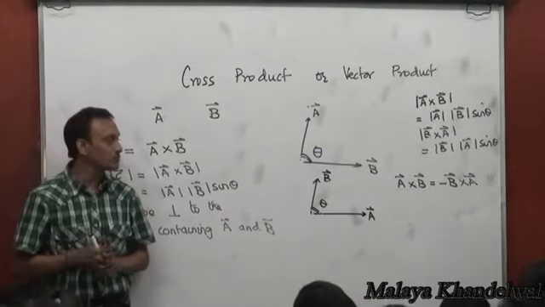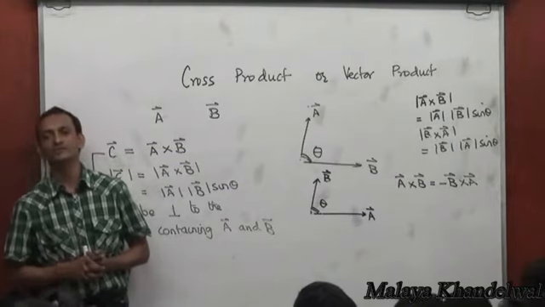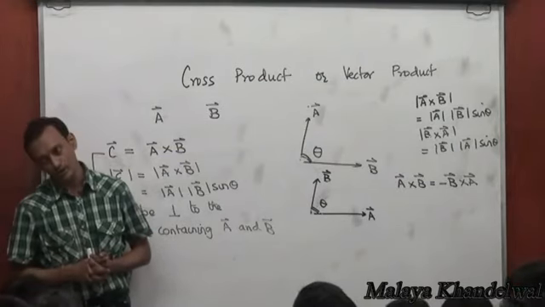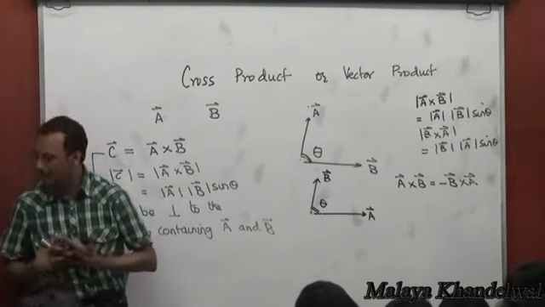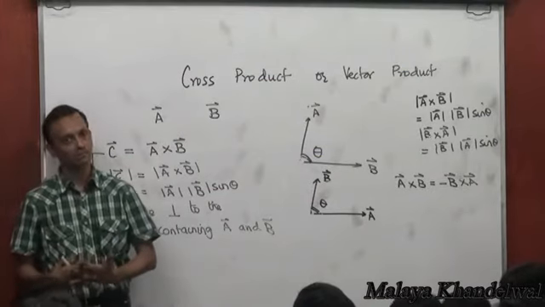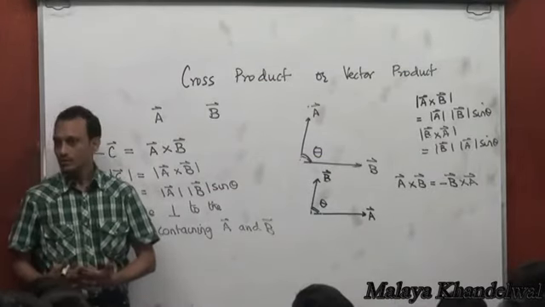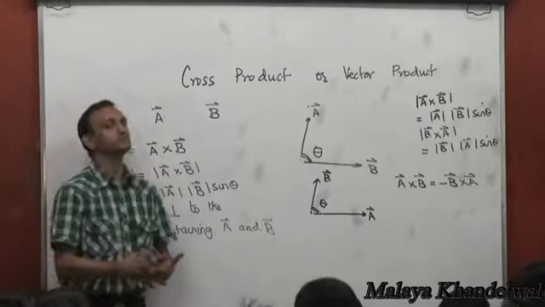The vector A cross B will be negative of the vector B cross A. They will have the same magnitude, but they would have opposite directions. Does it make sense to all of you?